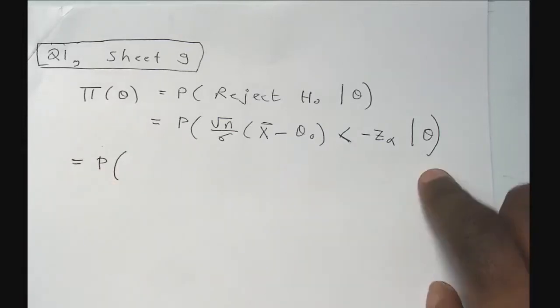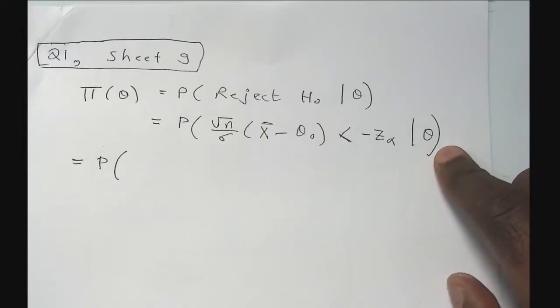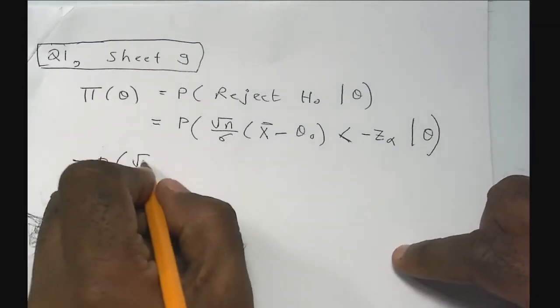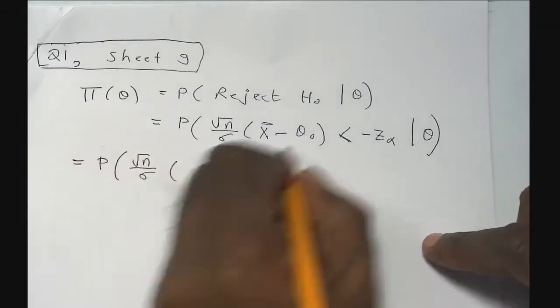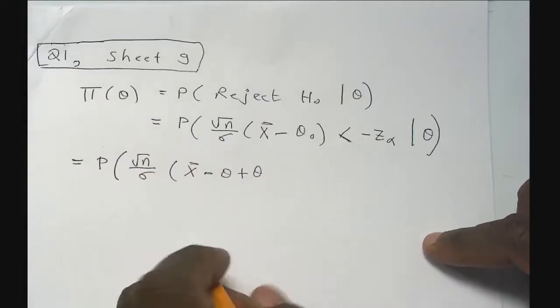To work this out, you must realize that the true population mean is equal to theta, not theta 0. So the first thing you must do is replace theta 0 by theta, which means you need to add theta.